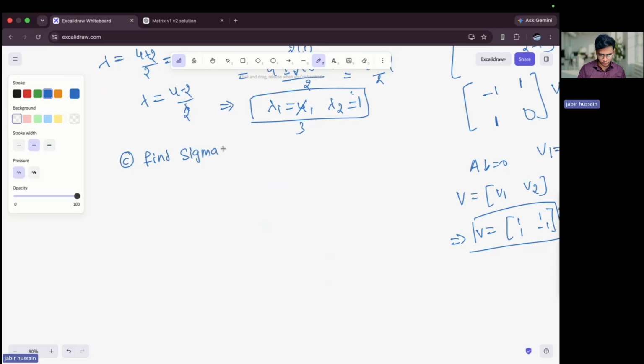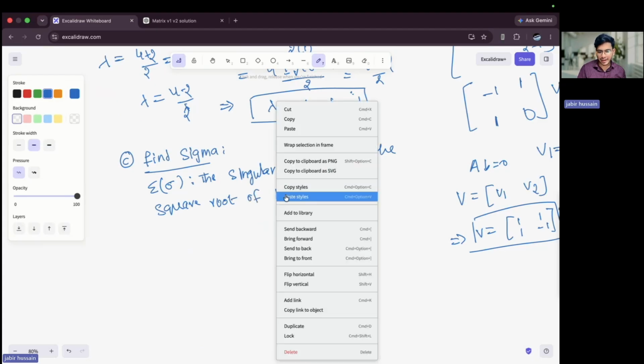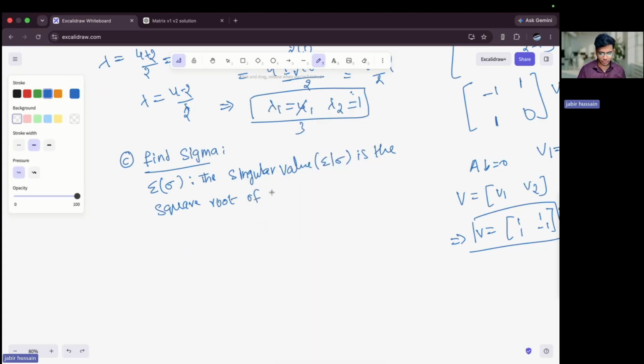sigma now. To find sigma, the definition of the singular value, which is also known as sigma or small sigma, is the square root of the eigenvalue.